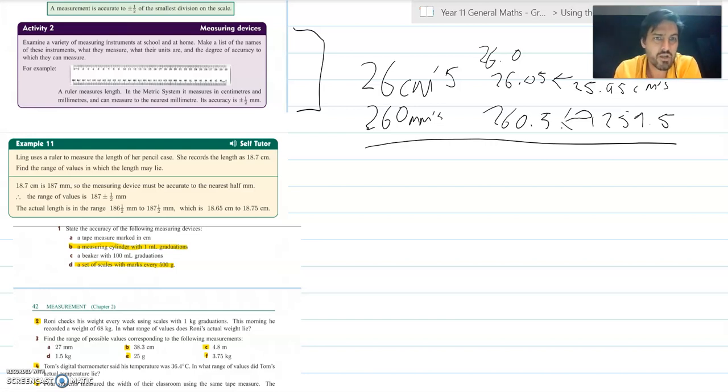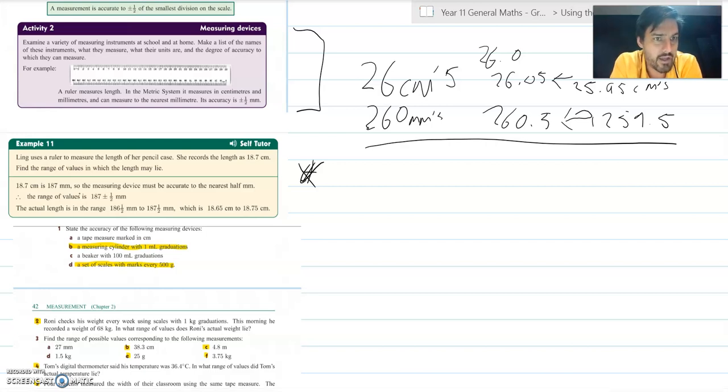All right, so in example 11, she records the length as 18.7 centimeters, so we're doing this bit here. Find the range of values in which the length might lie. Very similar to the one we just did. 18.7 centimeters is 187 millimeters, so the measuring device must be accurate to the nearest half millimeter. That's exactly what we've done.